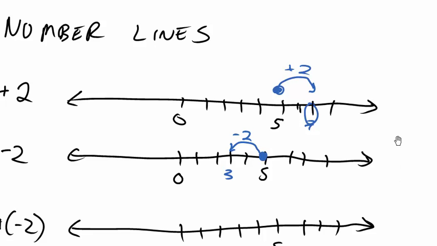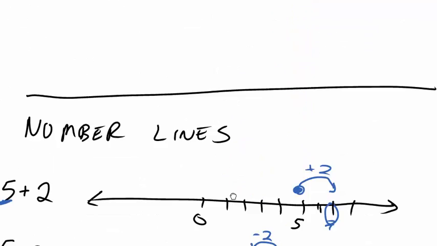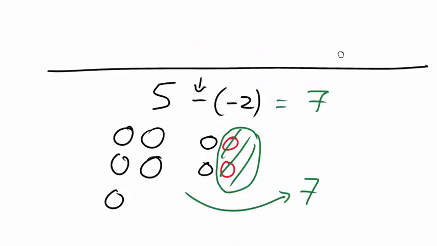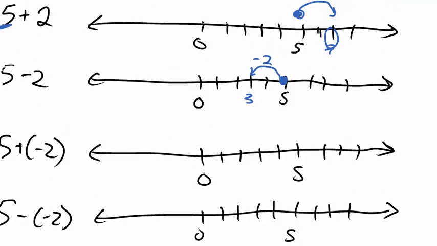But then some weird things started to happen when we were playing with negatives. In our previous problems, we saw 5 plus negative 2 right up here. 5 plus negative 2 was a 3. So that says, starting with 5, which is where I'm starting on all of these problems, and I want to add negative 2, I'm going to end up at 3 according to my work with the chips.